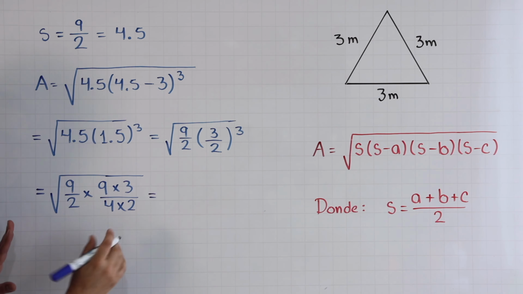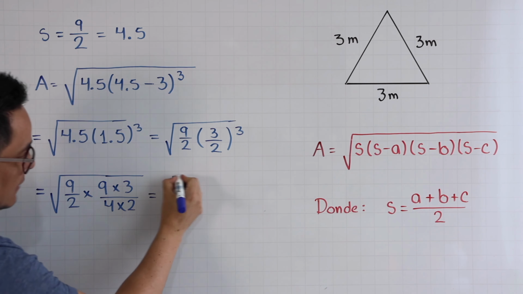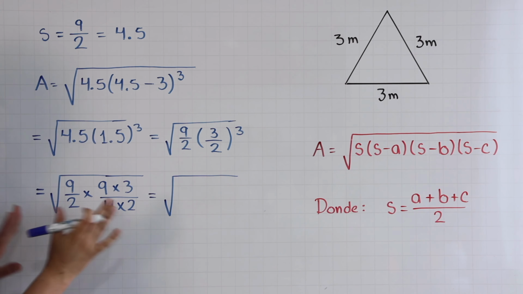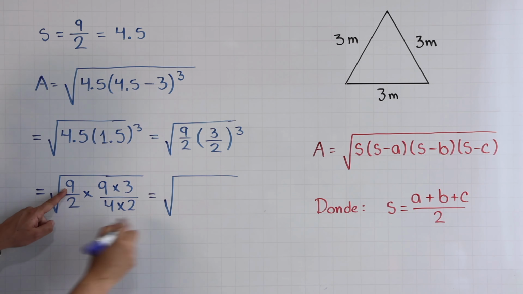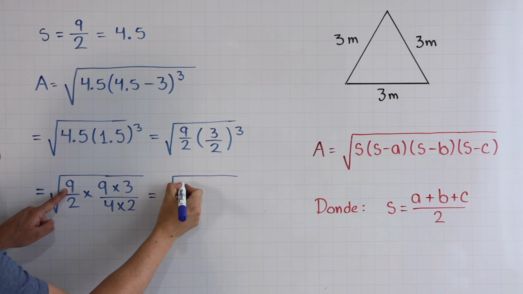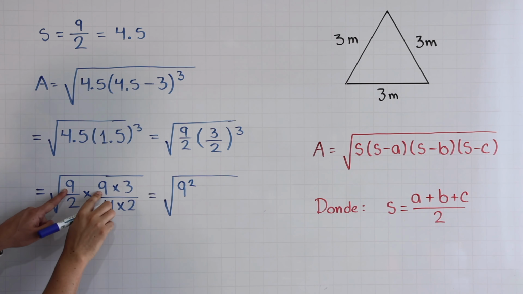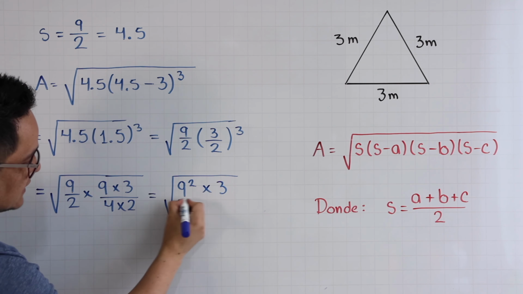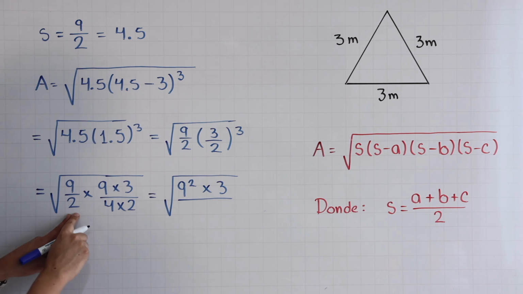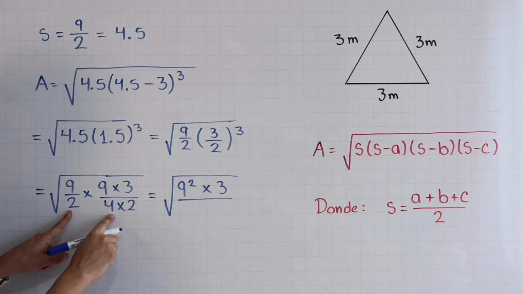Now this is important. Don't get lost. Let me rewrite this, but in a slightly smarter way. What do I mean by that? Look, I can write 9 times 9 right away as 9 squared. This 9 times 9, that's in the numerator, and this is being multiplied by 3. I'll leave that as it is. Now, in the denominator we have 2 times 4 times 2.